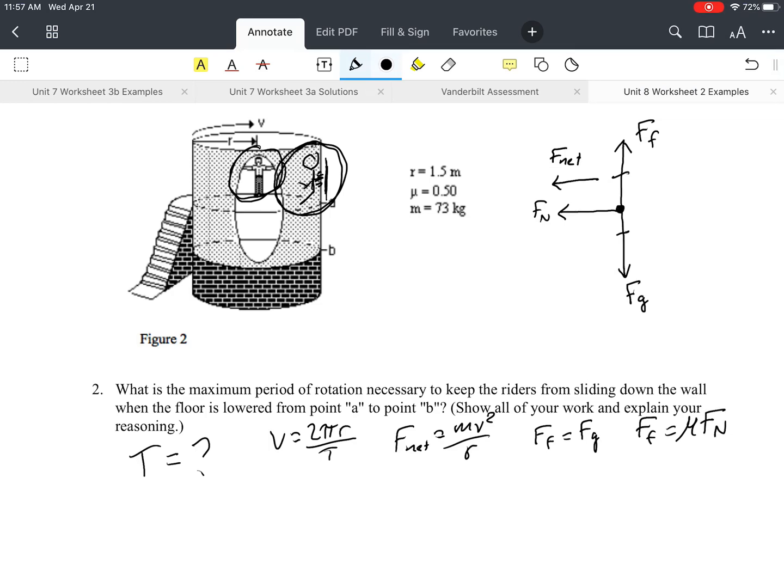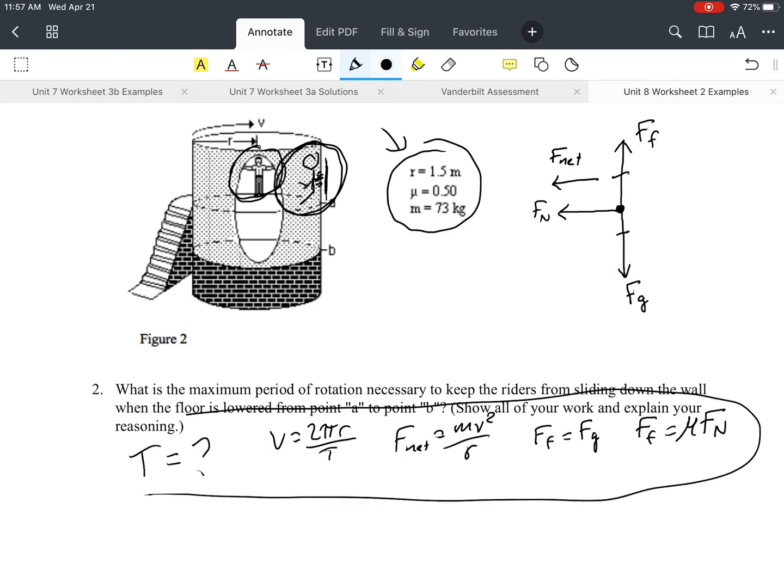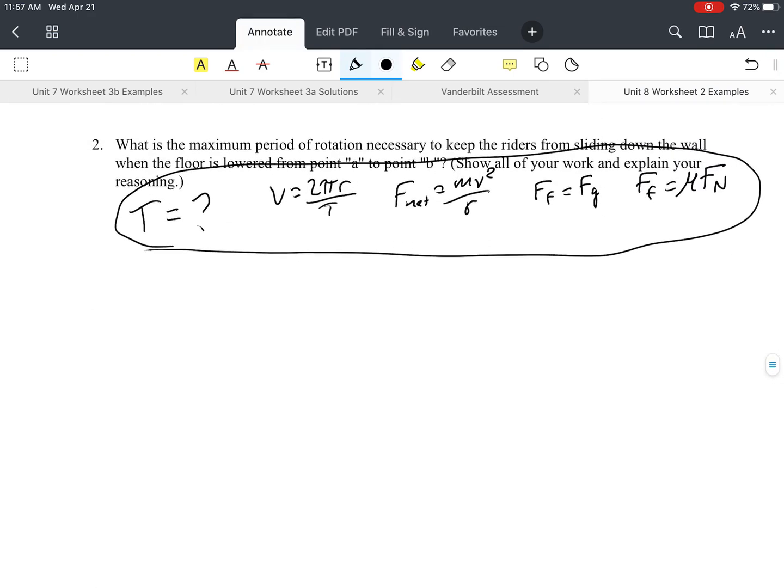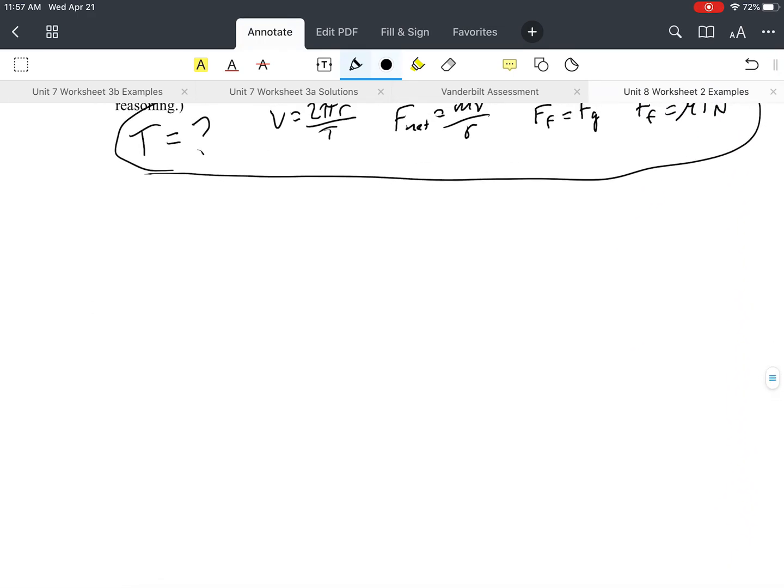And you'll notice that you are given a lot of these things in this list right here, where r equals 1.5 meters, mu, or the coefficient of friction, equals 0.50, and m, which is the mass, equals 73 kilograms. So you can use all of these numbers and all of these equations to end up solving for the period. And that's the work that I would like you to go through. You will pretty much fill up this whole space here because it is several different calculations.